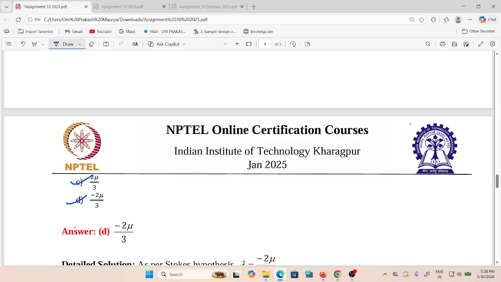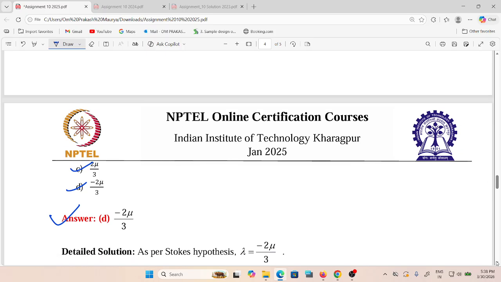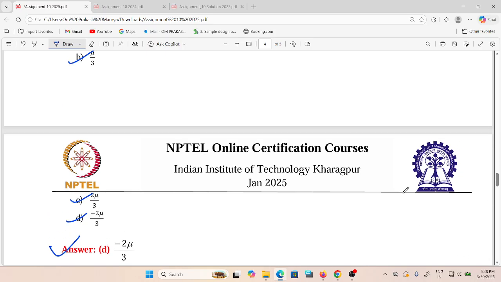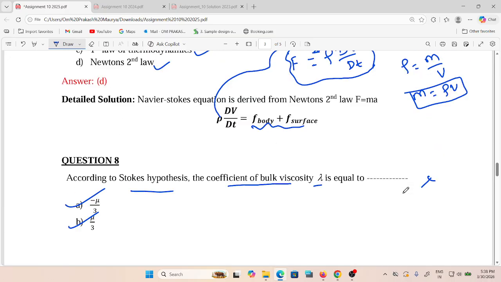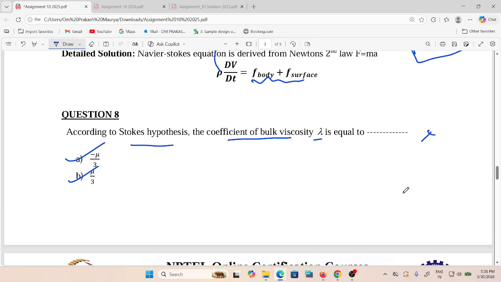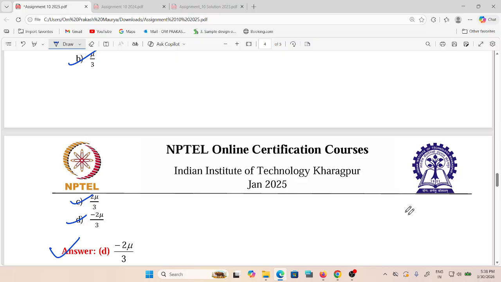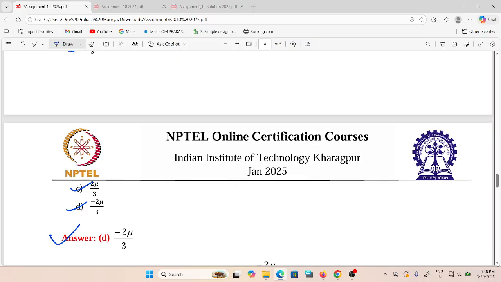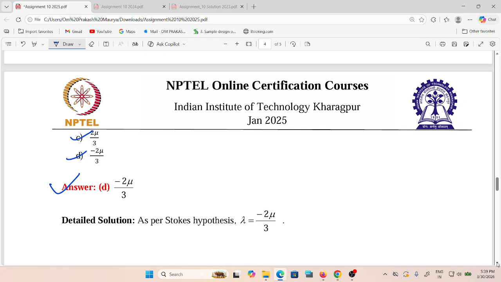Yes, definitely option D will be correct here, minus 2 mu by 3. So as per the Stokes hypothesis, lambda, the coefficient of bulk viscosity, is nothing but minus 2 by 3 mu.